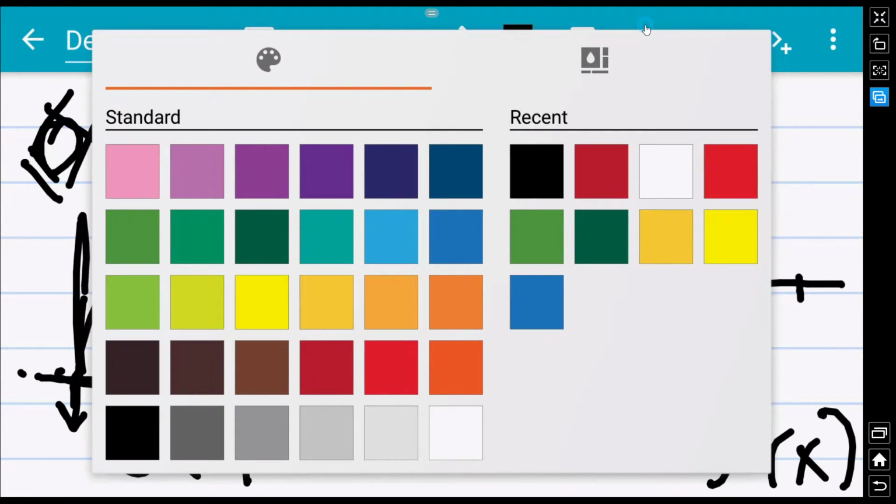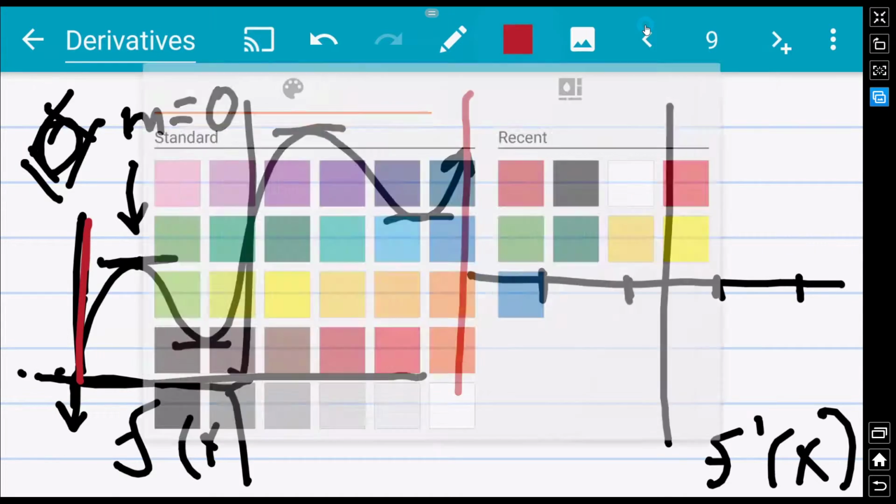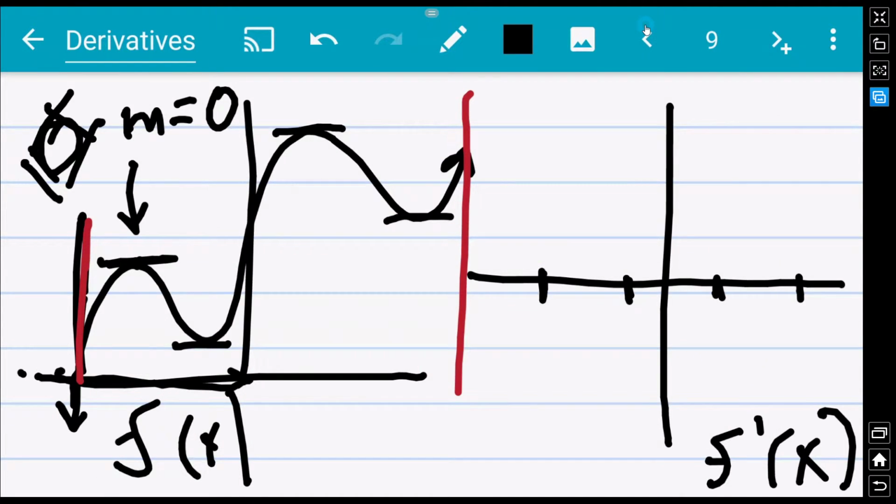I'm going to have another color here just to represent that. I'm going to get up to here and here. So what does this mean? Okay, so the rate of change says that this function is going up until it hits 0. It hits a ceiling. So if it's going up, that means it's positive.